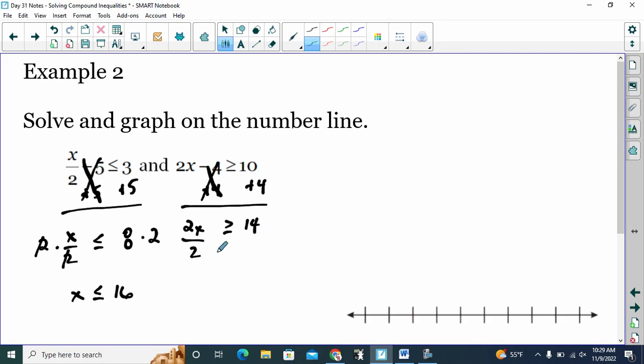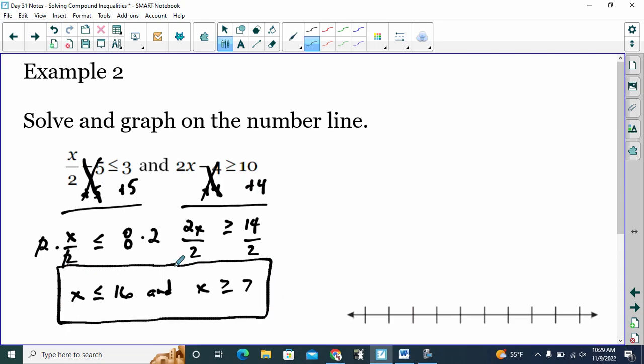I divide by positive 2. I don't flip my inequality there either. The problem said and, my solution should say and. x is less than or equal to 16, and x is greater than or equal to 7.